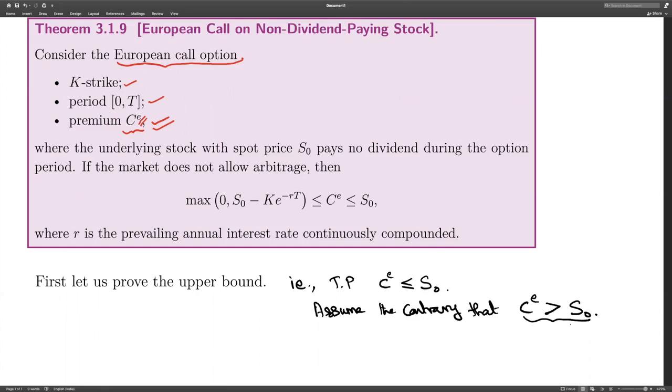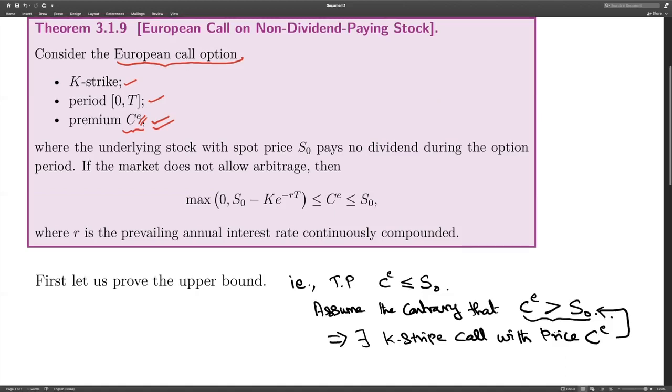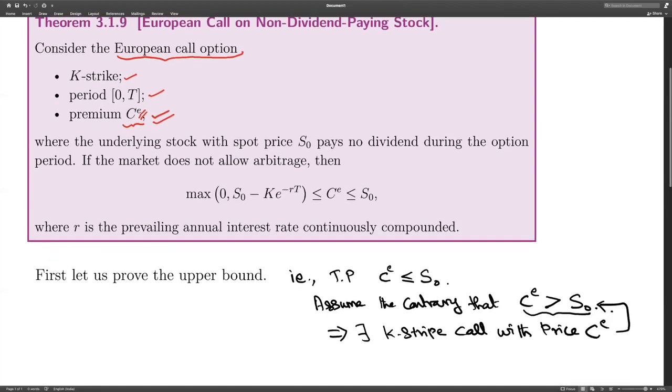It means that there is a K strike call option with price CE such that this condition is satisfied. Okay, so such a call option is existing in the market at t equal to 0. That is what this assumption says. Now, with the help of such a call option, let us build an arbitrage portfolio.